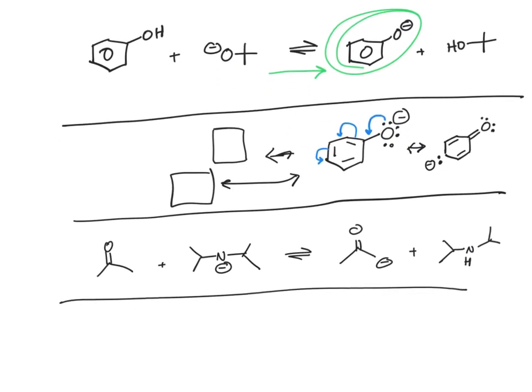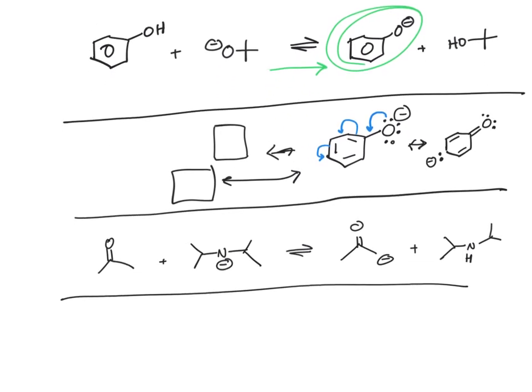Let's consider another equilibrium. Here we've got acetone, which we will learn later is subject to nucleophilic attack at this carbonyl carbon and can undergo reactions that result in the formation of this intermediate, but we're not going to worry about them now.